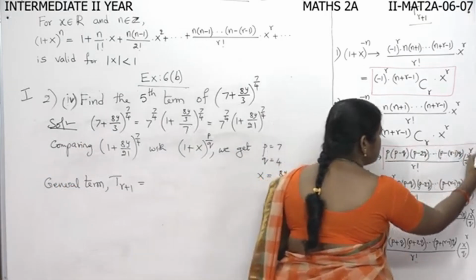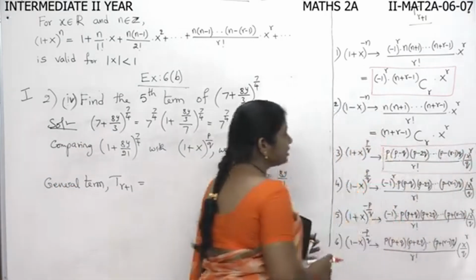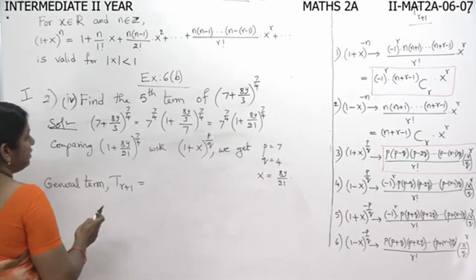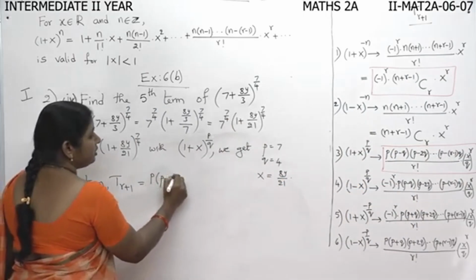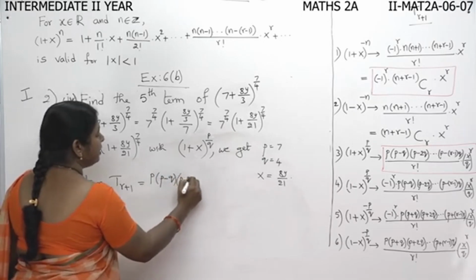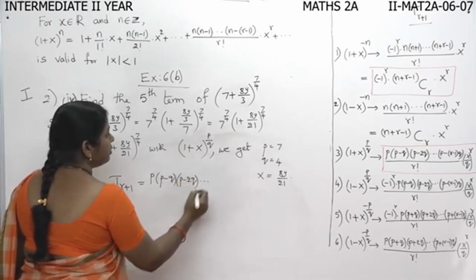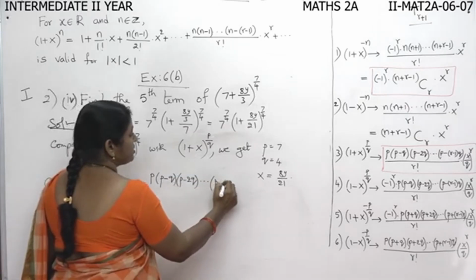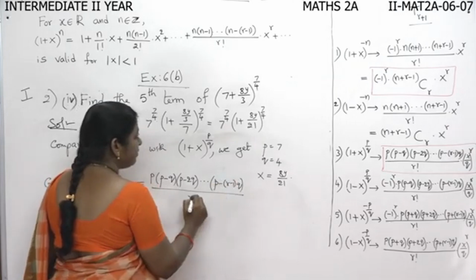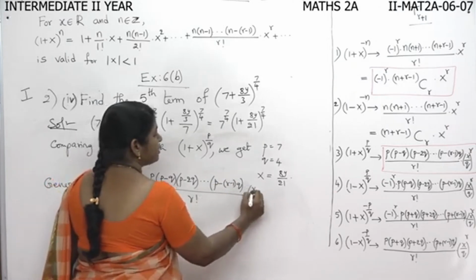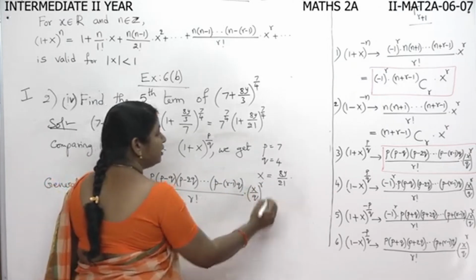This is the general term of this expansion. So writing T(r+1) = p(p - q)(p - 2q) and so on up to (p - (r - 1)q) / r! into (x/q)^r.